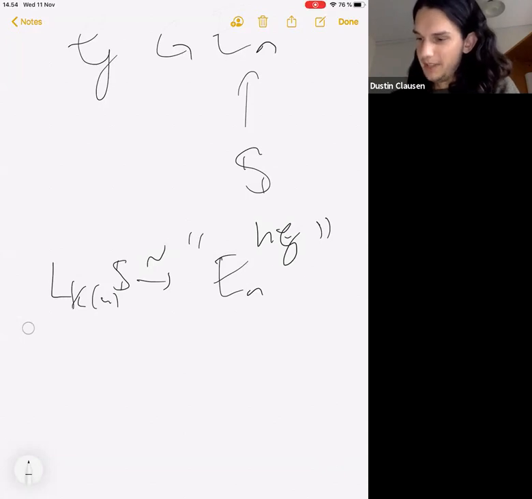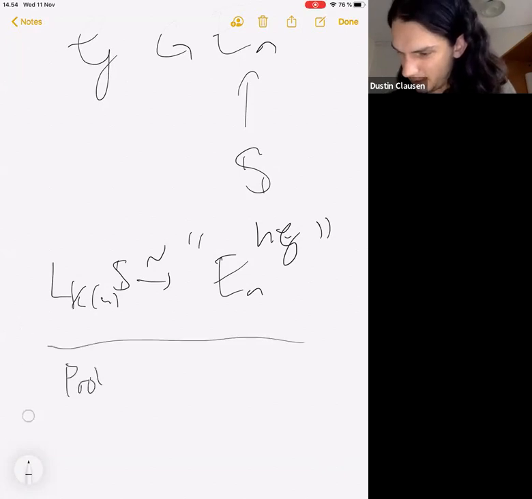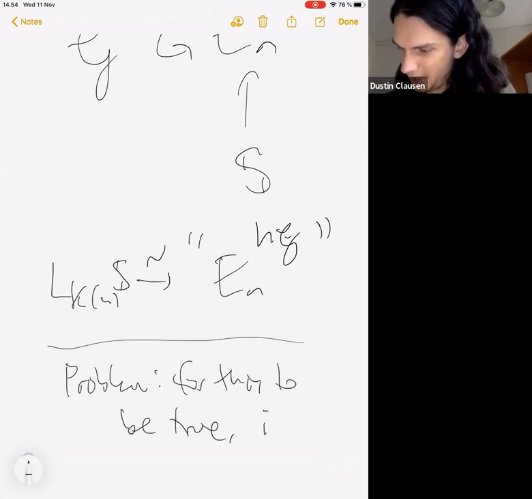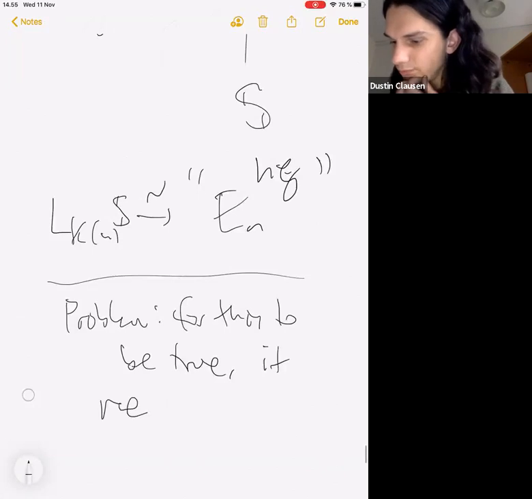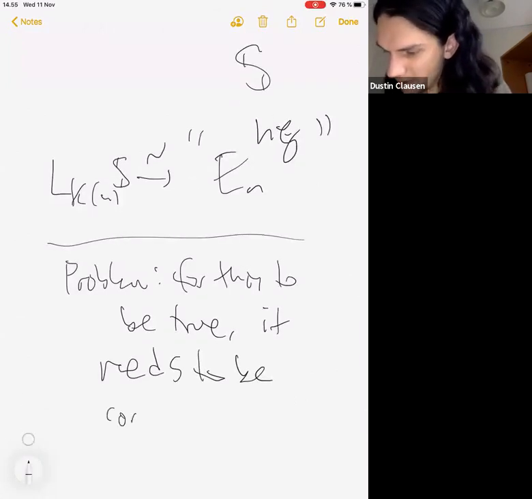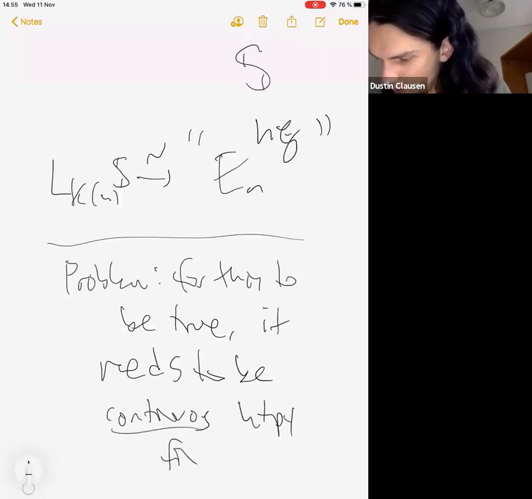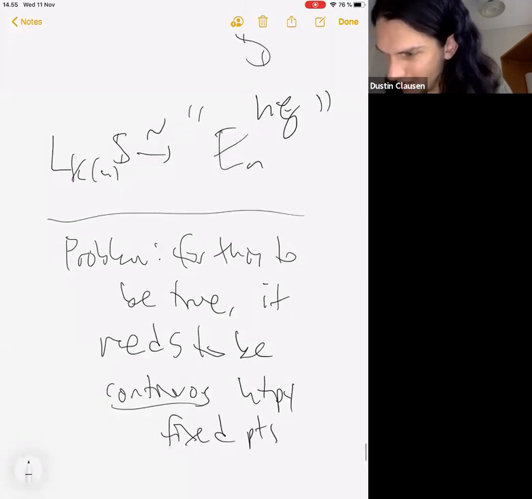The only problem is, for this to be true, it needs to be the continuous homotopy fixed points on the right.